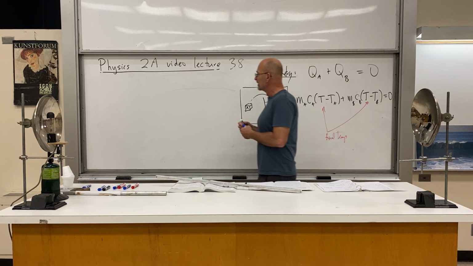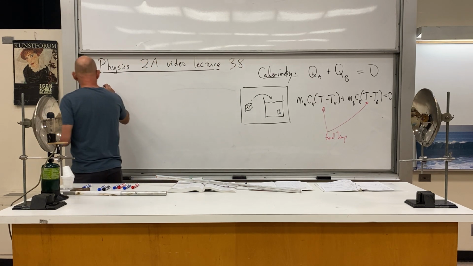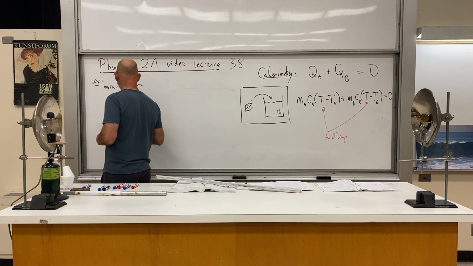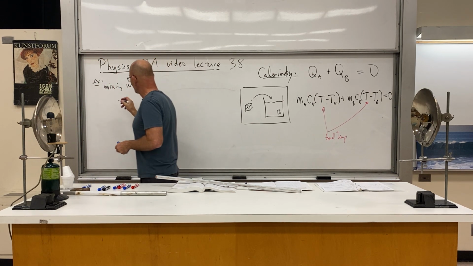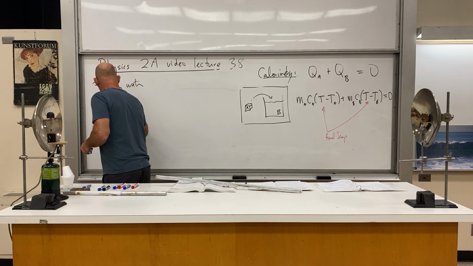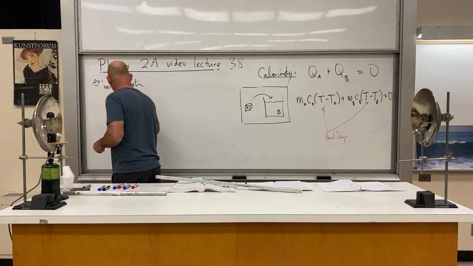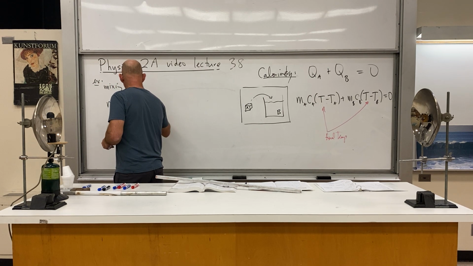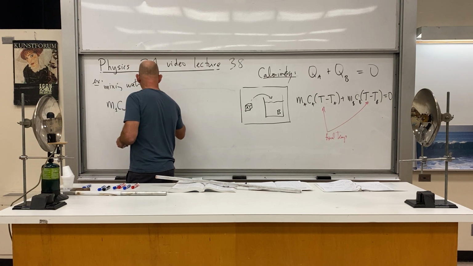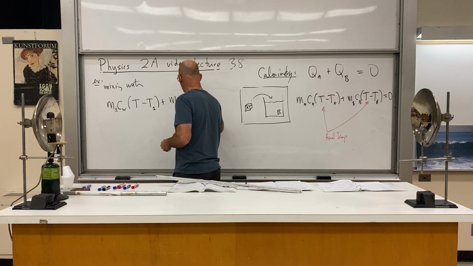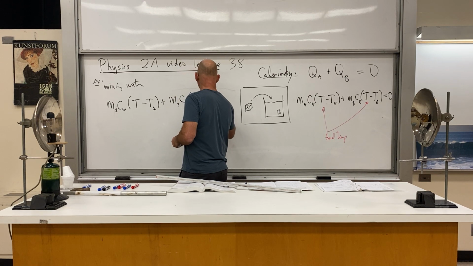So suppose we're mixing water, and we can say m sub 1, mass of one amount of water, specific heat of water, T minus T1 plus m sub 2, specific heat of water, T minus T2 equals 0.